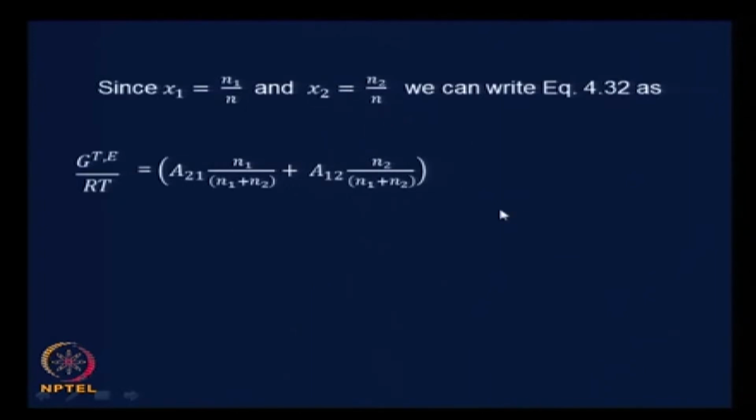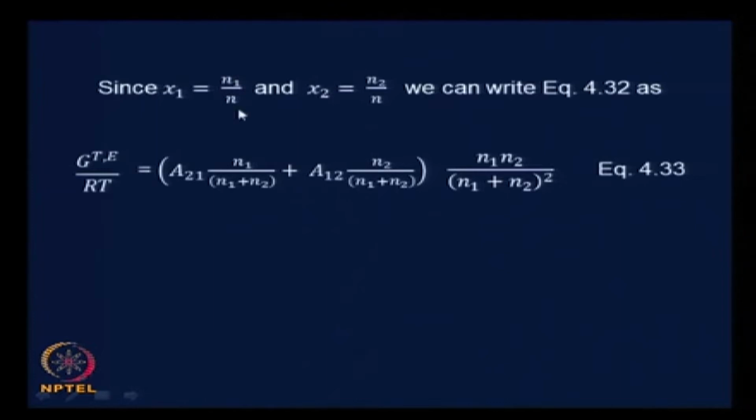In fact, let me give you about 5 minutes to do this algebra and convince yourself that this is indeed the expression that you get when you substitute. The complete expression is given here, equation 433. Take about 5 minutes, essentially substitute x1 equals n1 by n and x2 equals n2 by n in the previous equation, the Margules model, and come up with this, please. 5 minutes.